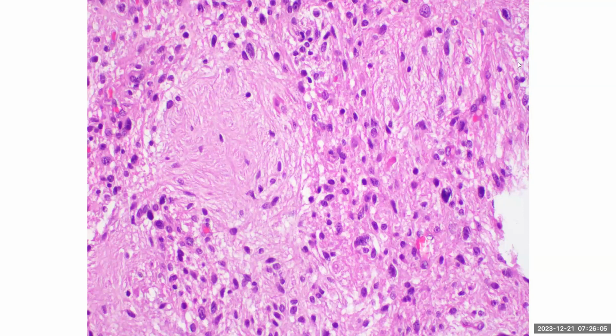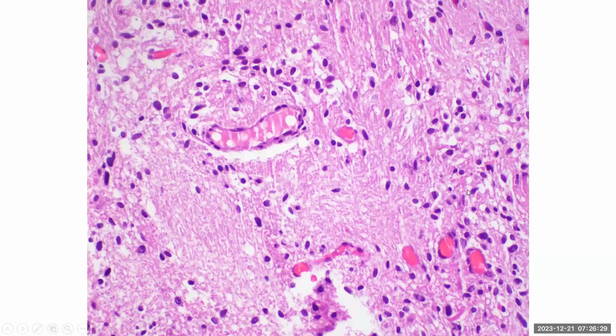In the center, there's this acellular area. I don't see a rosette, but it is reminiscent of the anuclear zones that you see in neurocytomas, but this is not a neurocytoma. It's an odd structure. Next. So again, vasculature is delicate.